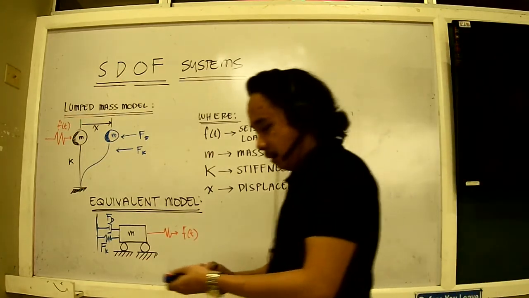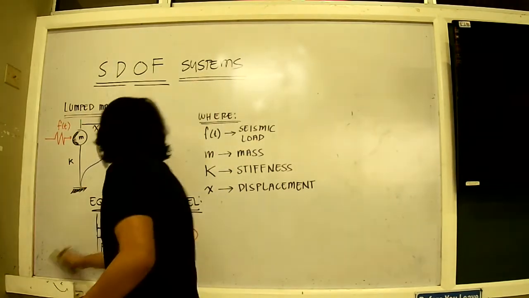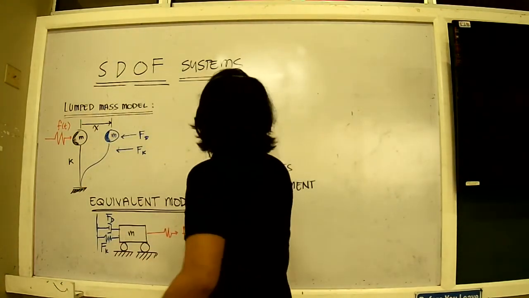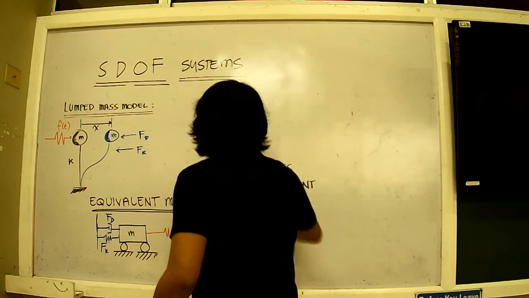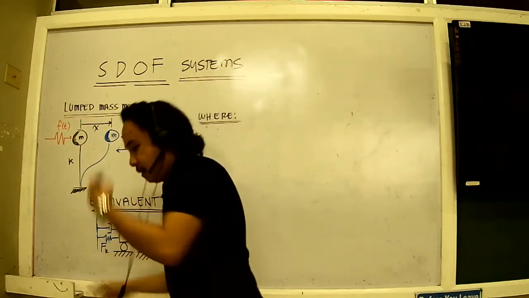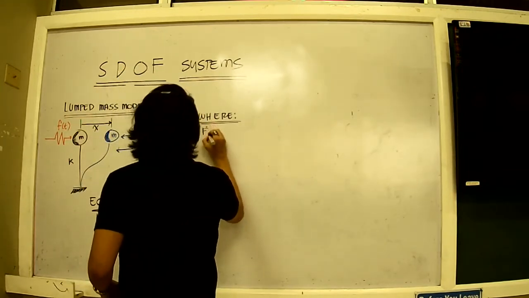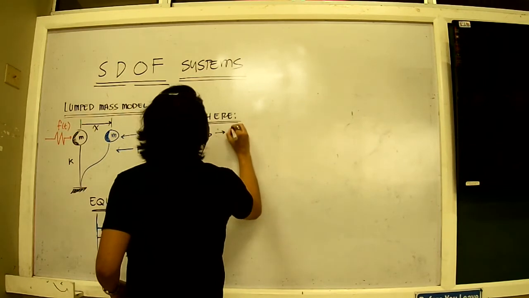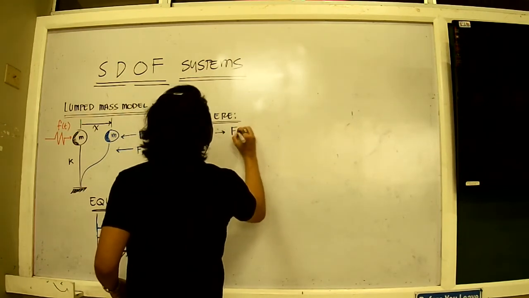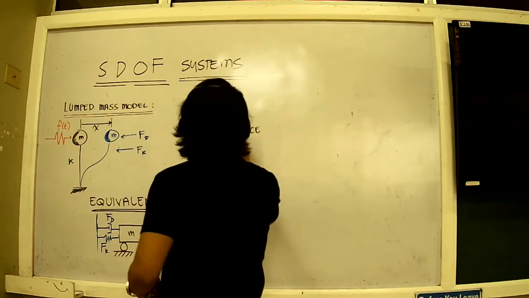Now, I'd like to write this down here. I'd like to erase this. Seismic load, mass, stiffness, displacement. And write down that Fd is our force due to damping.